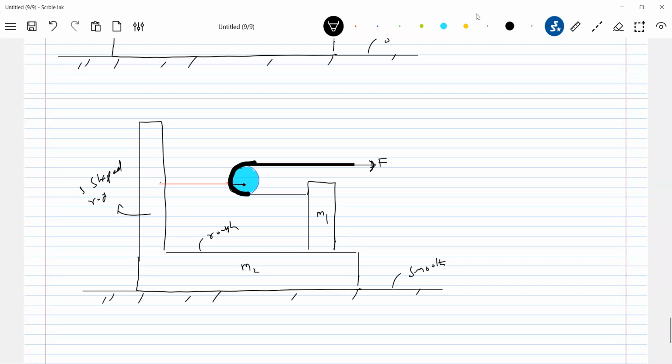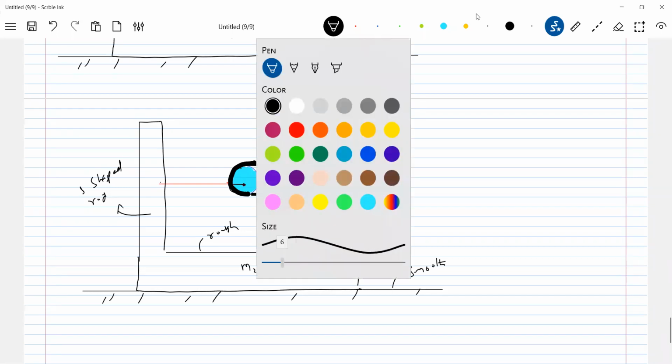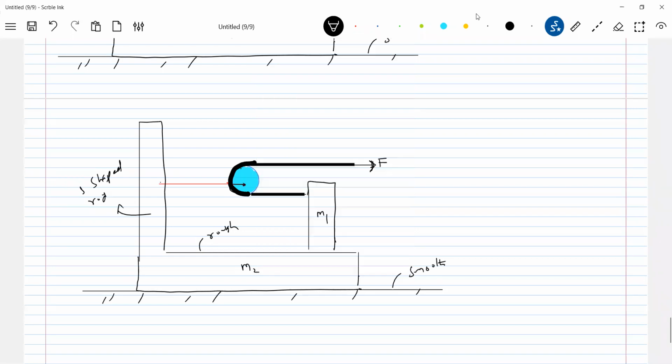What are the masses, sir? The values M1, M2 are given, no? Okay, there's a string, so let me help you with that. This is what happened. The string is connected to the block, passed over a pulley, and at one end of the rope, I am going to pull the rope by a force F.